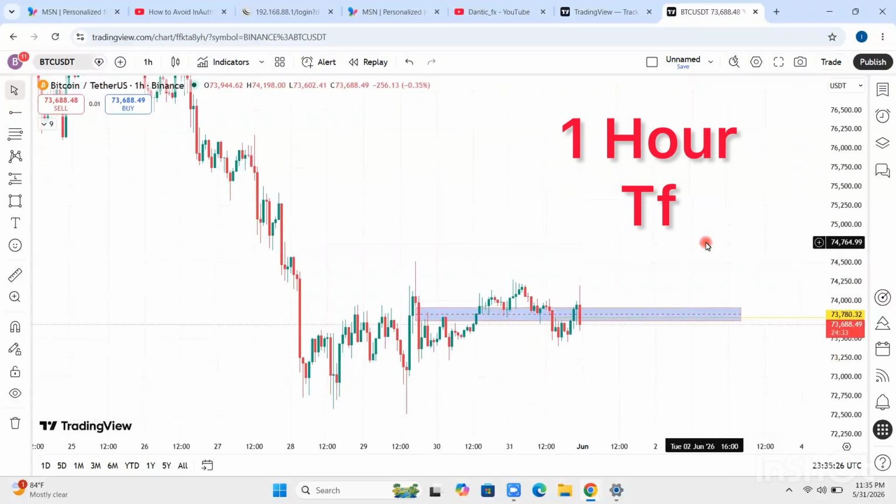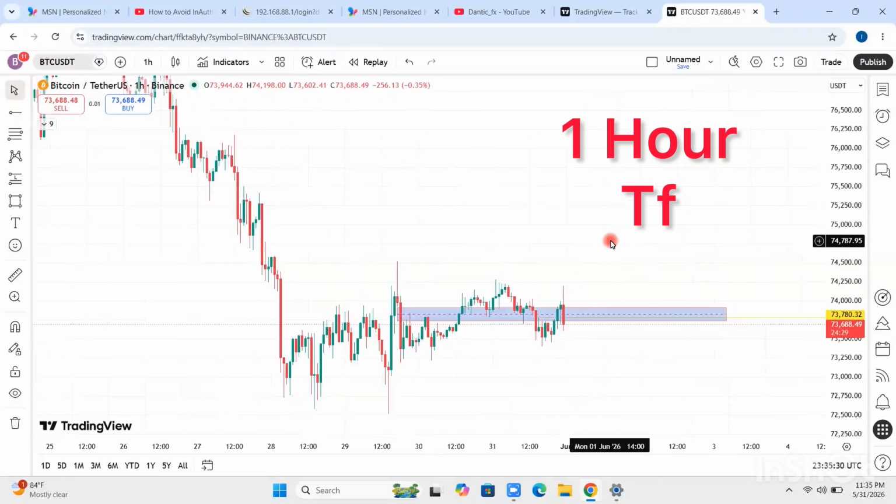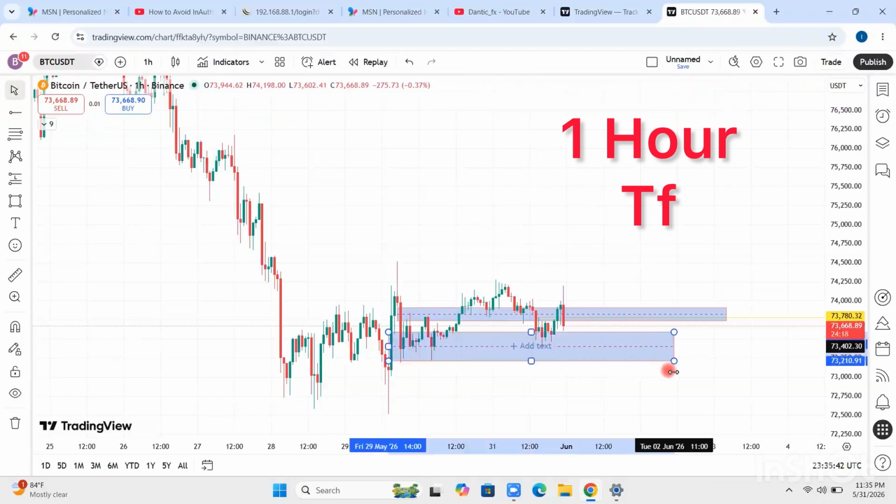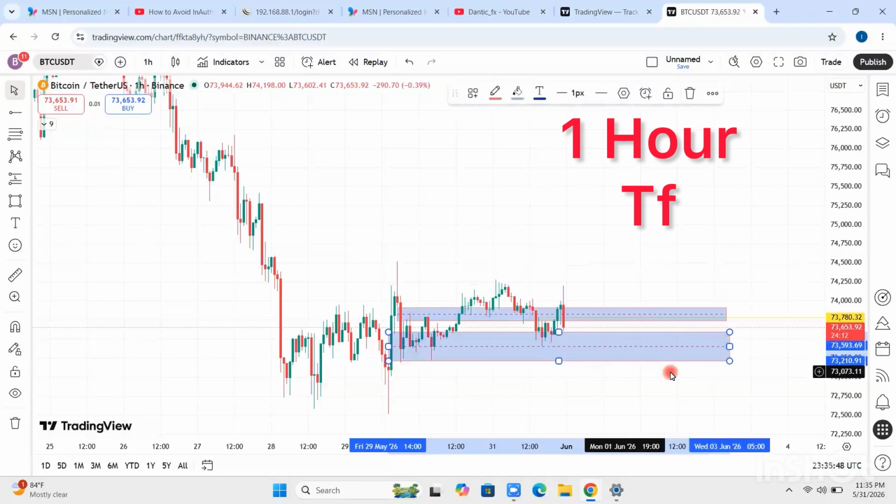So as you can see, in BTC 1 hour time frame, we have some IFVG here, because we have some serious FVG around this zone. And this FVG right now is acting as our support zone.